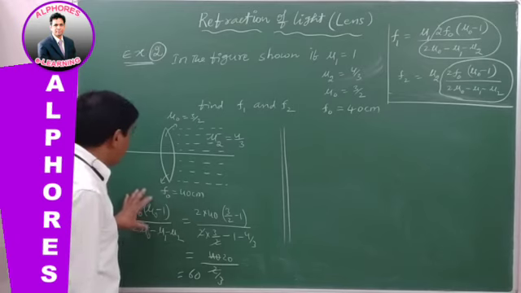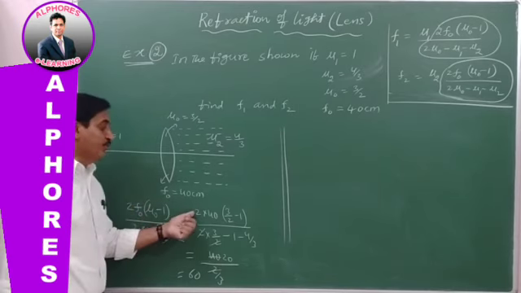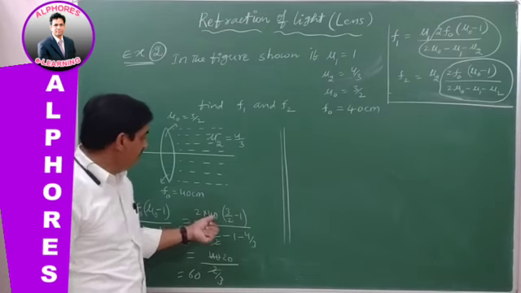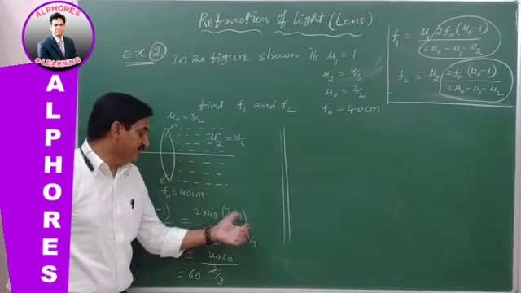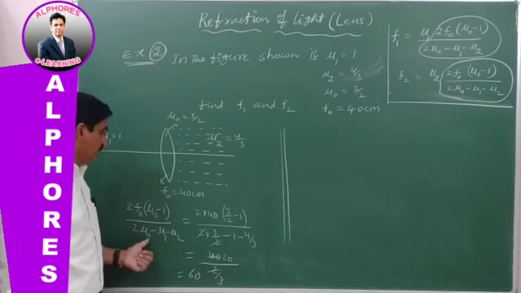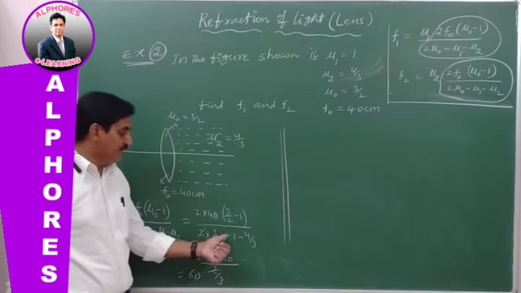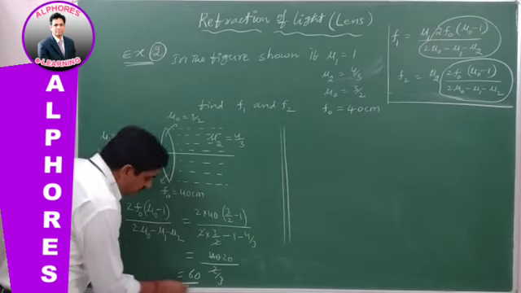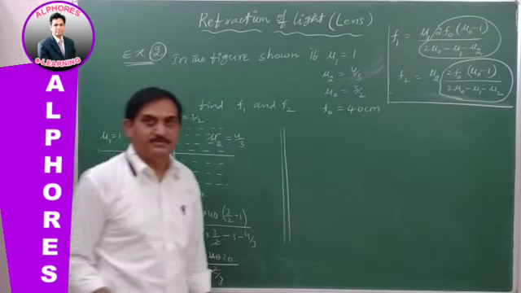So how much is this total value? Let us find, 2 into f naught, which is 40, and mu naught 3 by 2 minus 1, and 2 into 3 by 2 minus 1 minus 4 by 3. By simplifying this you will get 60.